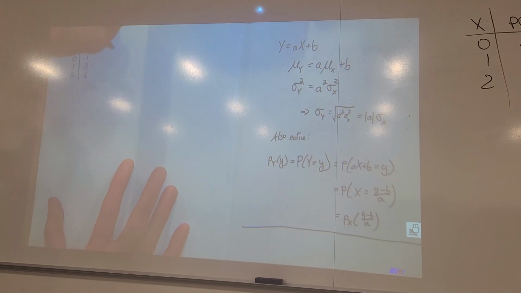We saw that the mean of x was 1.5. We saw that the variance of x was 0.45 if memory serves, right?